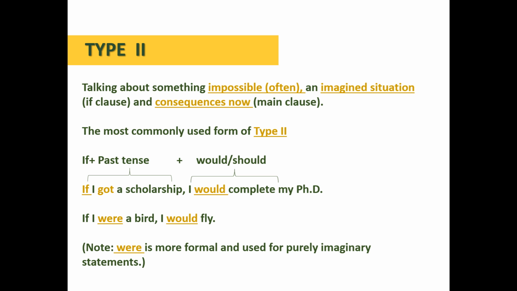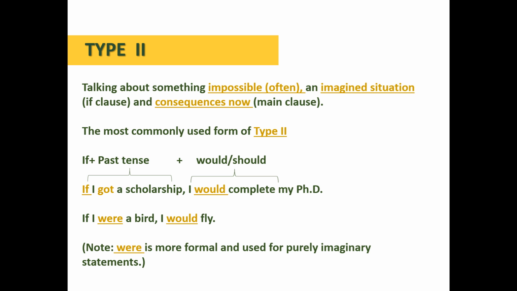So generally in type 2 we use past tense. You remember we use past tense here, but the reference of past tense is given, but the meaning of past tense will not come. If you read out a sentence of type 2, the meaning of past tense will not be coming. For example, if I got a scholarship, I would complete my PhD.